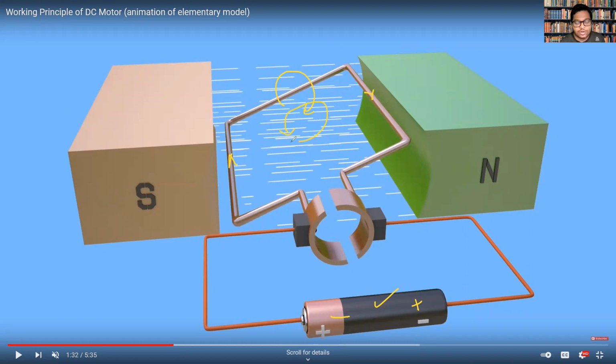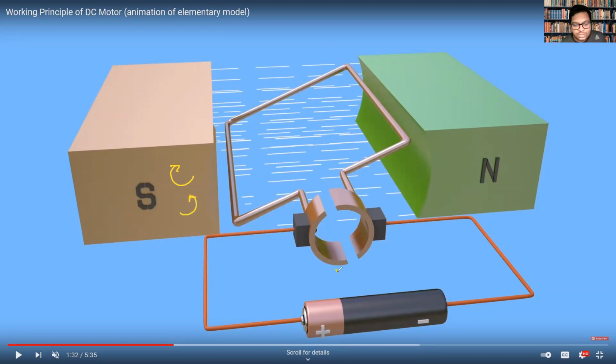That will be anti-clockwise. So what the split ring does, it allows the coil to keep rotating in the same sense that it is rotating. If the coil is rotating clockwise, the split ring helps the coil to continue to rotate clockwise. And if the coil is rotating anti-clockwise, then the split ring also allows it to continue to rotate anti-clockwise.